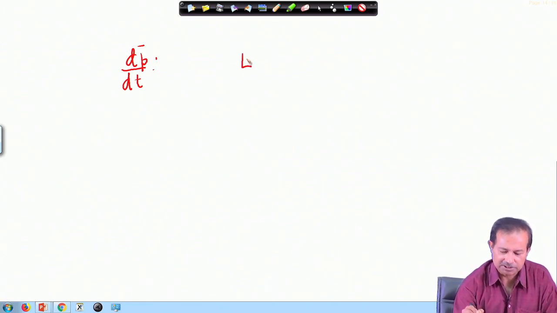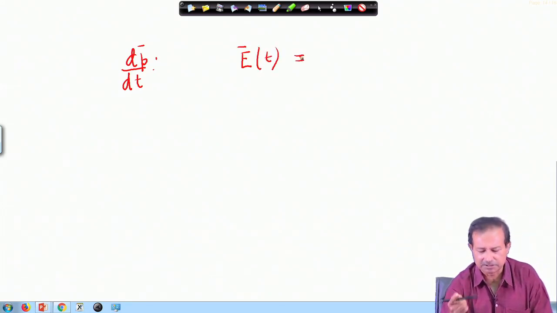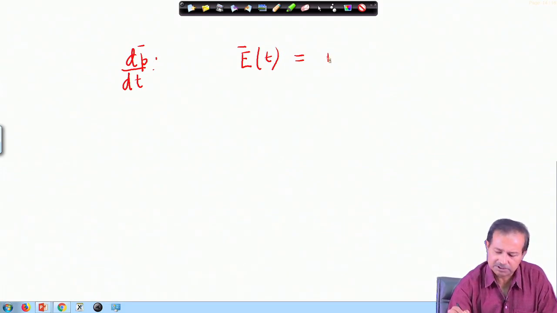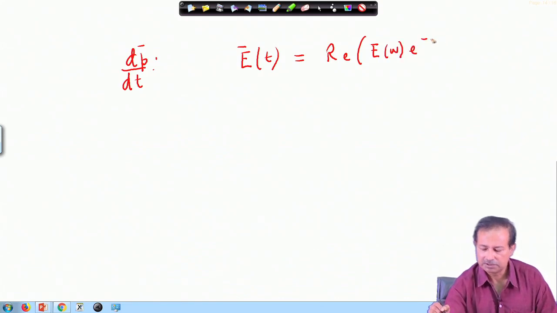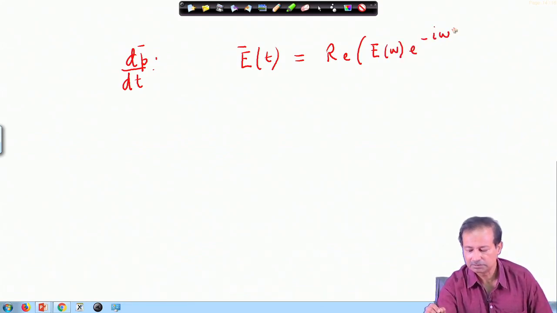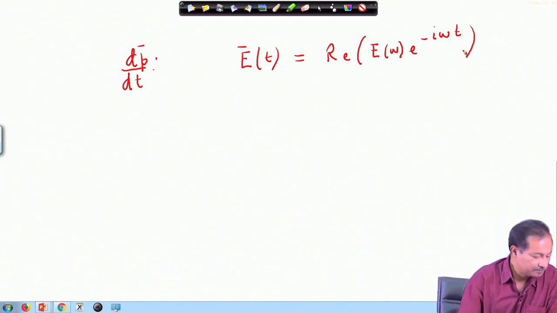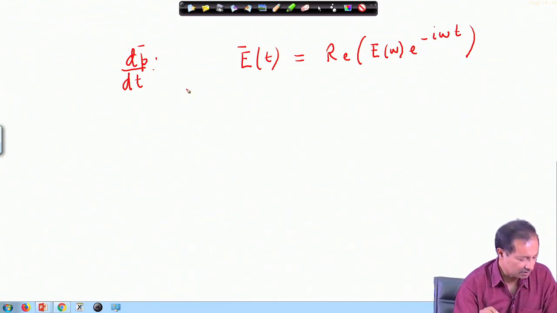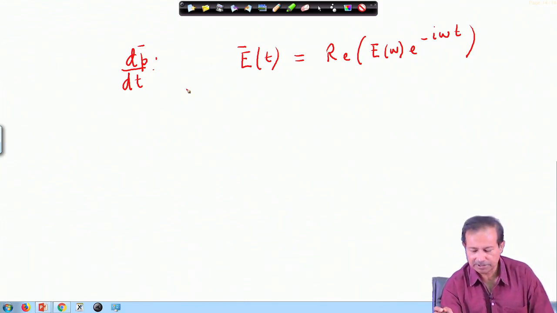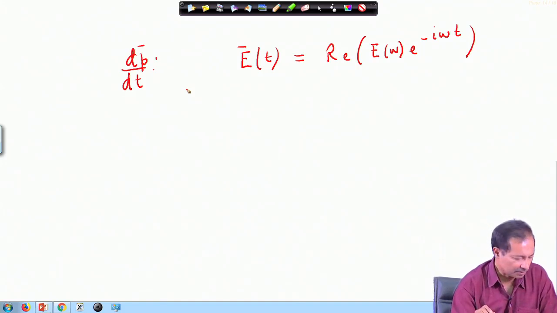Suppose there is an electric field which is varying in time with, say, a single frequency, and this I denote by the real part of some E of omega e to the power minus i omega t. Then I will use this equation, dp dt equal to minus p by tau plus the force coming from here.